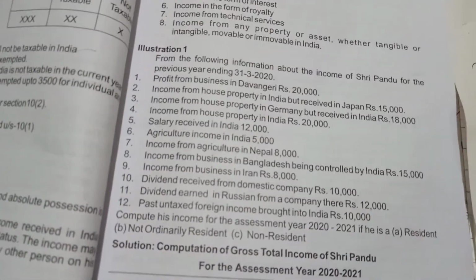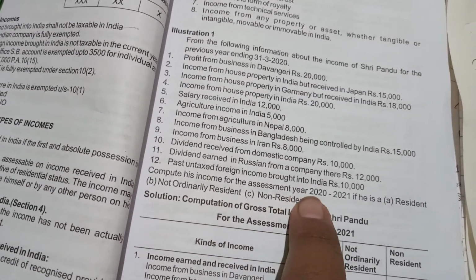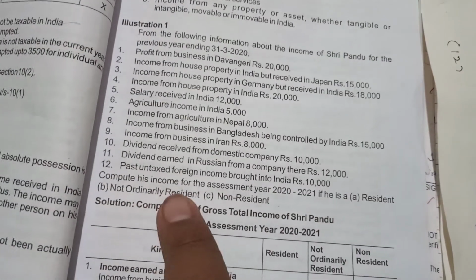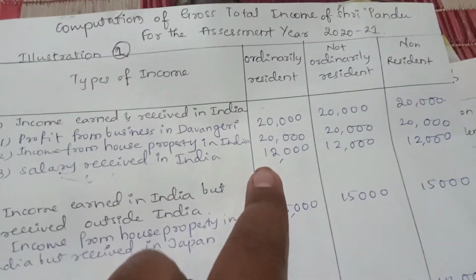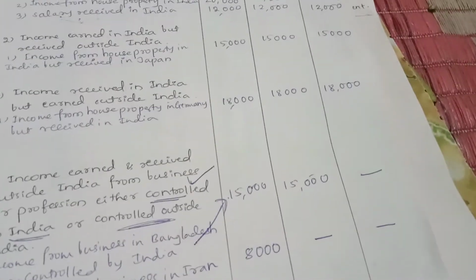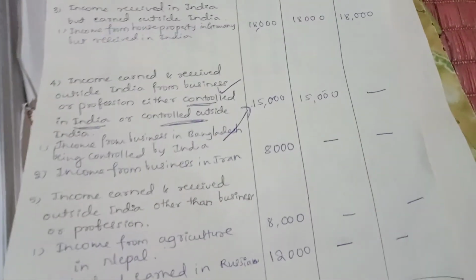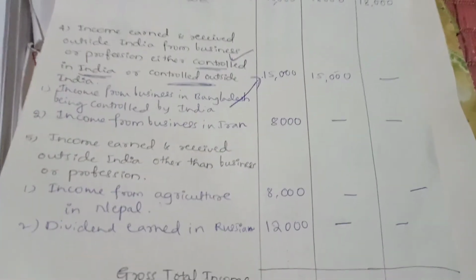Now the solution is over. Compute his income for the assessment year 2020-21 if he is resident and ordinarily resident as well as non-resident. Now what you need to do is take the total of each column, adding all these amounts: 20, 20, 12, 15, 18, and thereafter 15, 8 as well as 12.